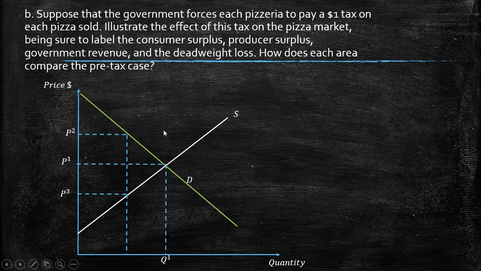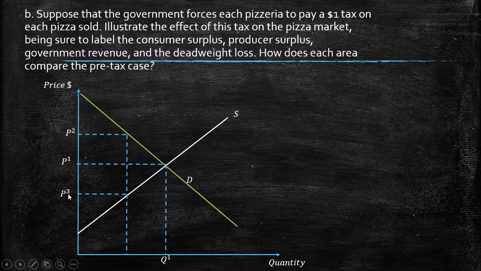So how can we interpret this? This P2 is the value that the consumers have to pay for the pizza, and as you notice it is higher than P1. But unfortunately the suppliers, in this case the pizzerias, won't receive P2, because $1, the tax of the government, has to be discounted.